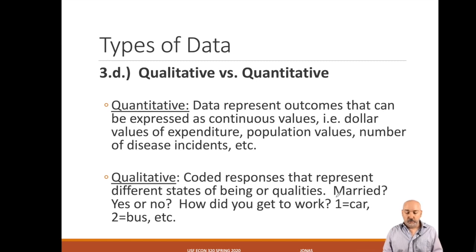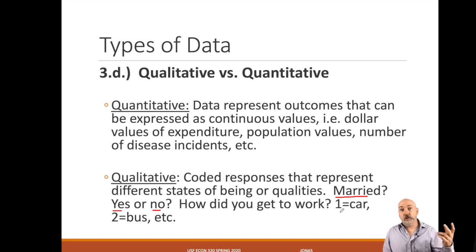So we might think about marital status influencing, say, your employment. Well, you're married, that's either a yes or a no. It doesn't vary continuously between that or above that or below that, so it might be coded as a 1 and a 0, a binary indicator. Or say a multiple choice type question, if we're looking at modes of transportation, you either drove to work, code that as a 1.